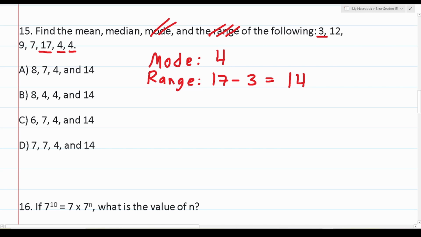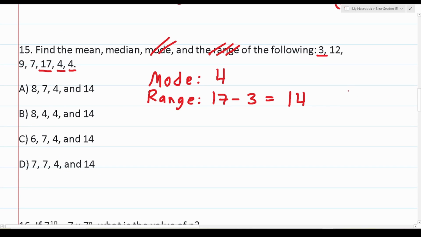In order to find the median, you have to order the numbers in your data set from least to greatest. So we have 3, 4, 4, 7, 9, 12, and 17.